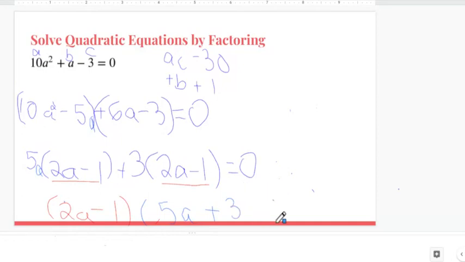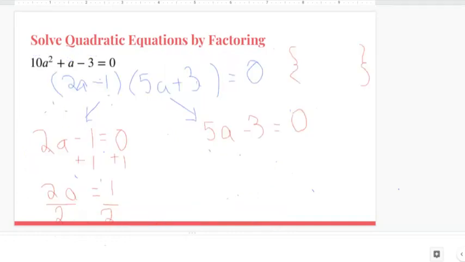So now I have to apply the zero product property, which means to set each of these factors equal to 0. And I'm going to rewrite each of those expressions up here and write them as equations set equal to 0. So if I rewrite the first equation, 2a minus 1 equals 0, add 1 to both sides, divide both sides by 2, I get a solution of a equals 1/2.